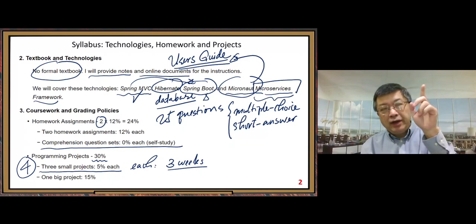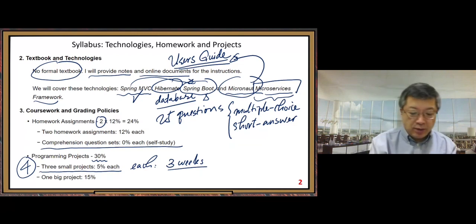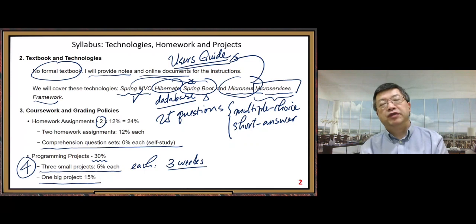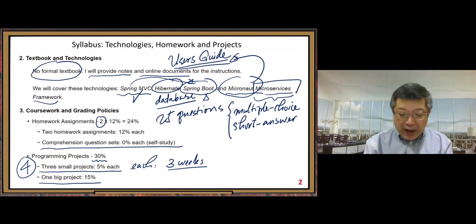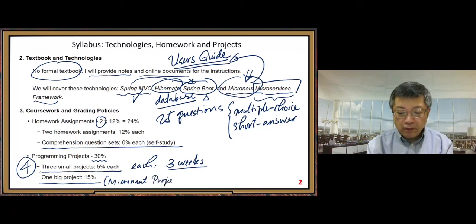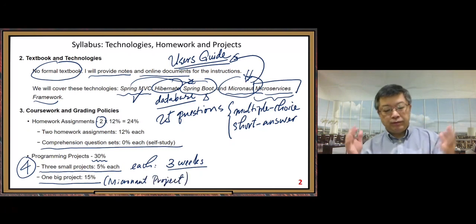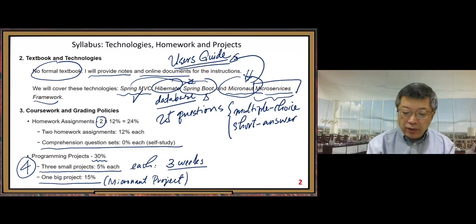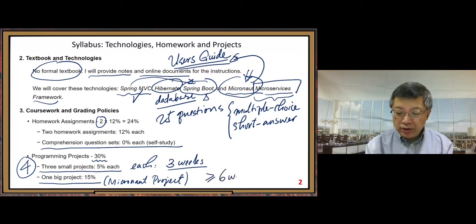But the last one is a big project, 15%. That one is a Micronaut project. We will use the Micronaut technology. For this big project, I will give you at least 6 weeks to complete.